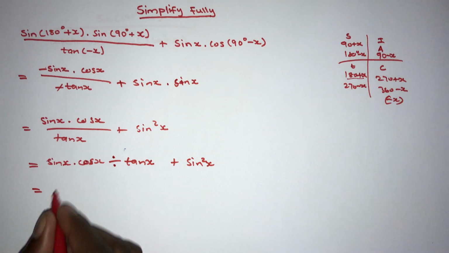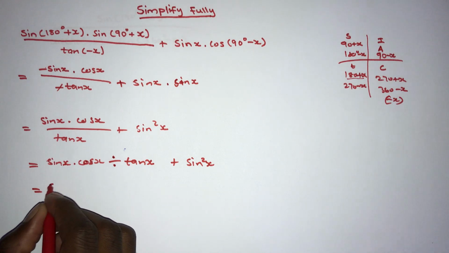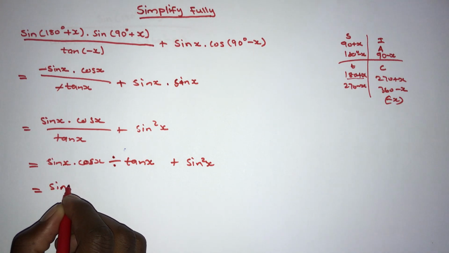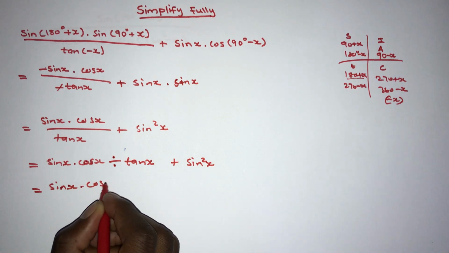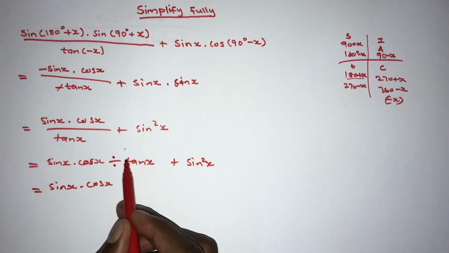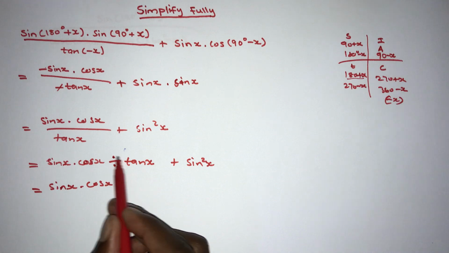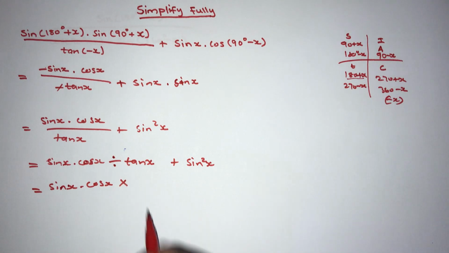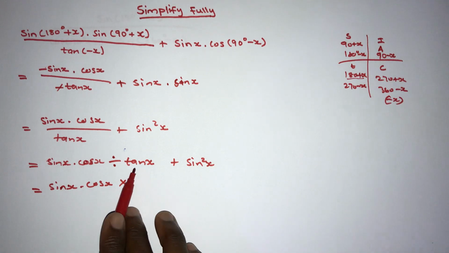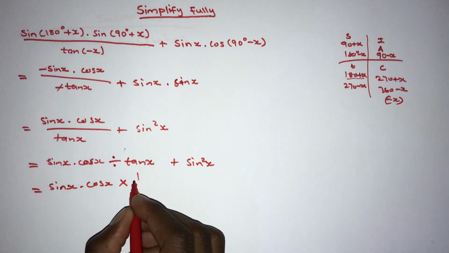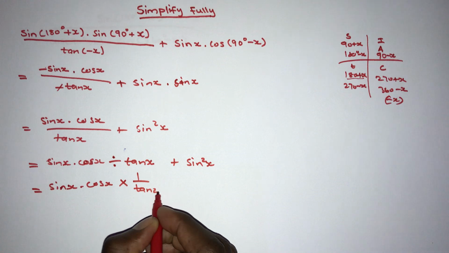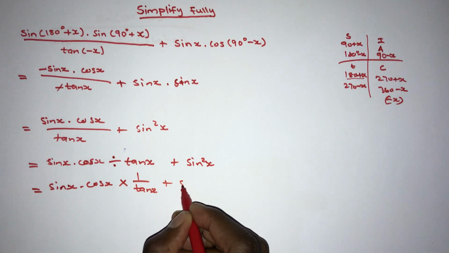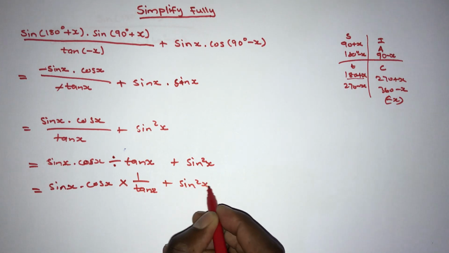So now this is sine x times cos x. Then let's change this division into multiplication. When we change this division into multiplication, this tan will become 1 over tan x, then plus sine squared x.